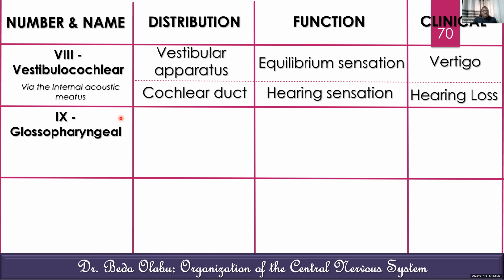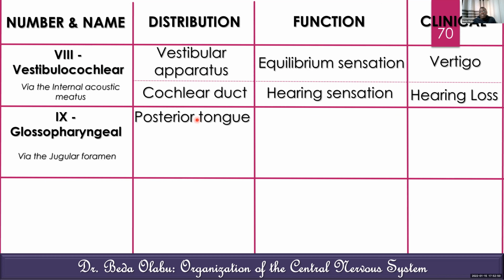The ninth cranial nerve is called the glossopharyngeal nerve, exiting the cranial cavity through the jugular foramen. The glossopharyngeal nerve goes to the posterior third of the tongue, or we can say comes from, because that has a sensory function.